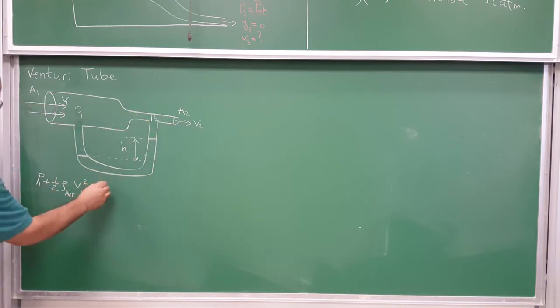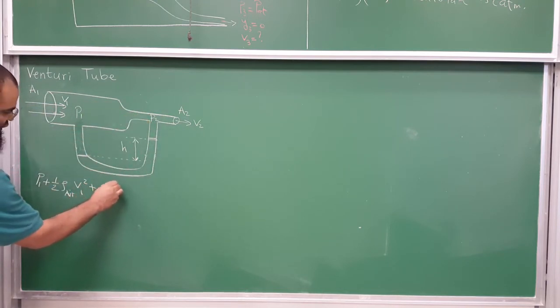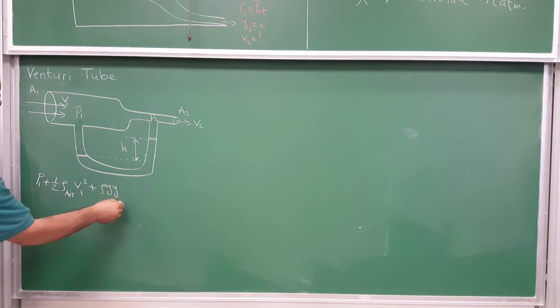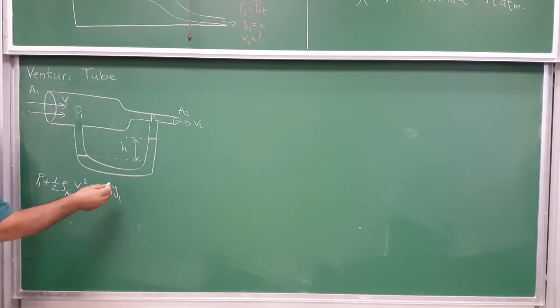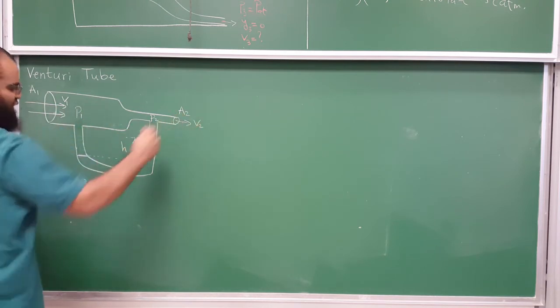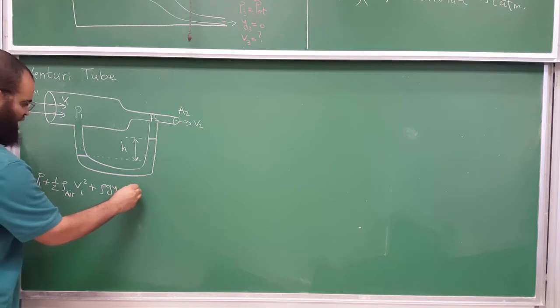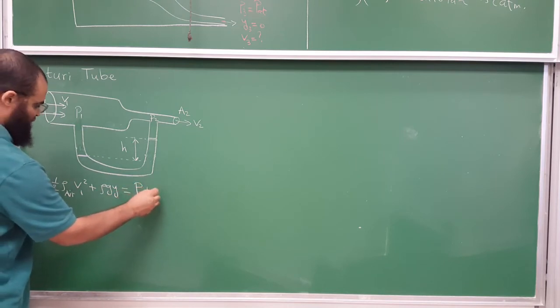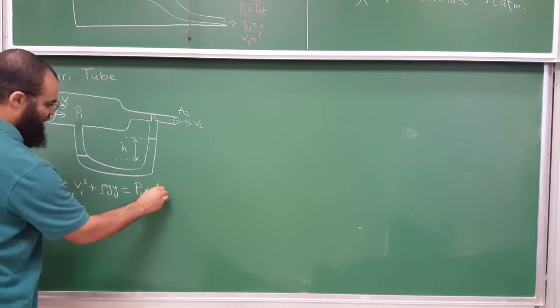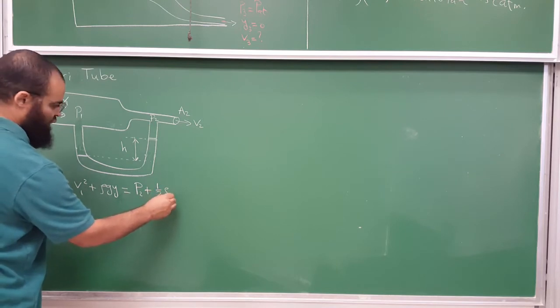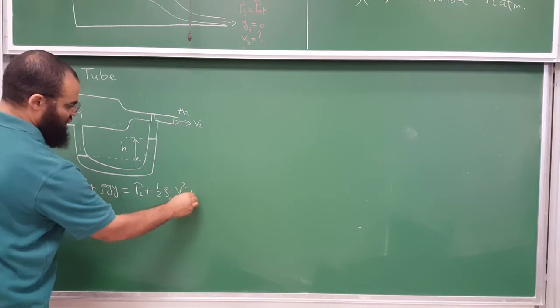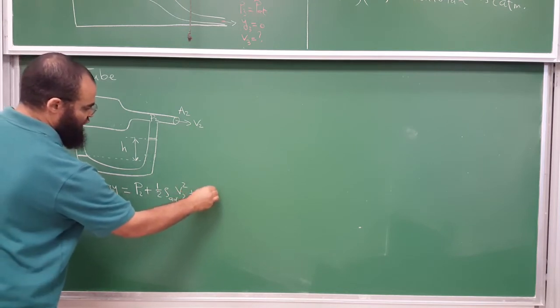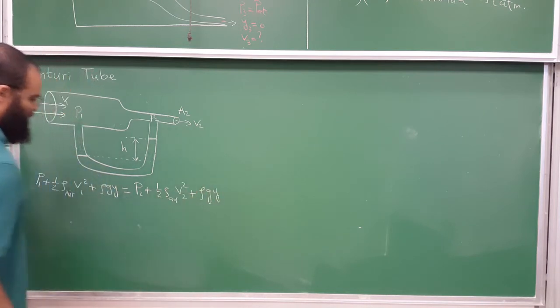If you like, you can put y1 and write the same y1 on the other side, but I will just write it as y because they're at the same level. And then here would be P2 plus 1/2 rho air V2 squared plus rho g y.